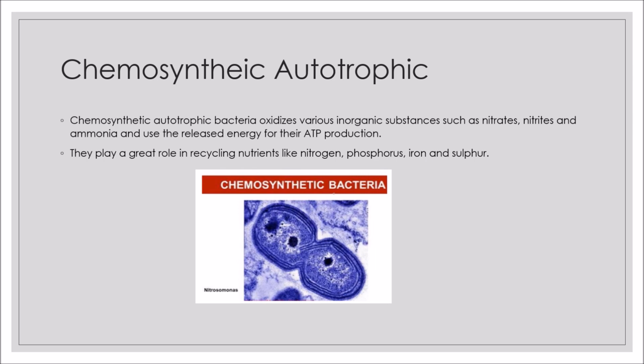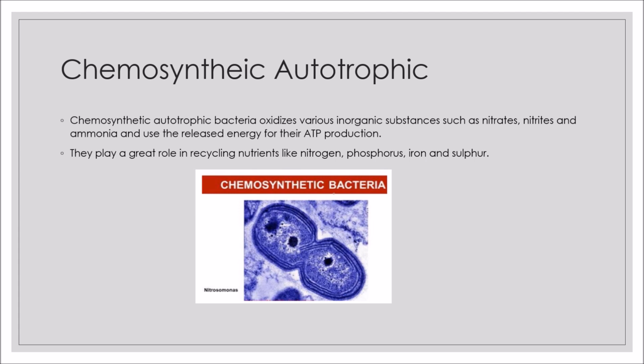These bacteria change the substance into nitrates, nitrites, and ammonia, and it has to oxidize, right? For that it needs energy, so it takes up the ATP production also.